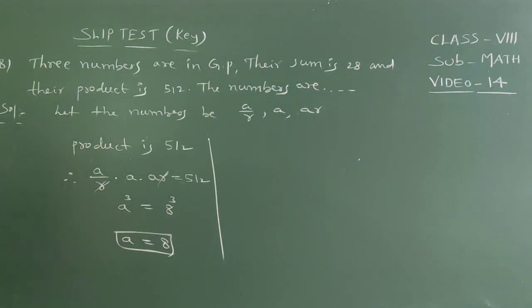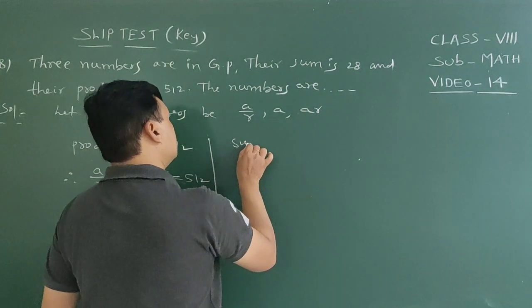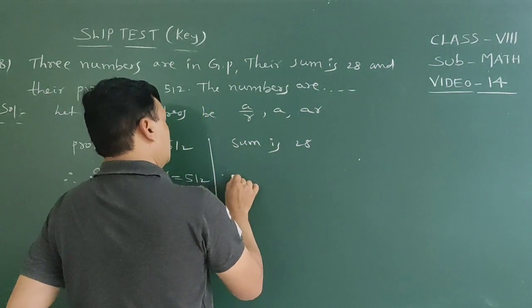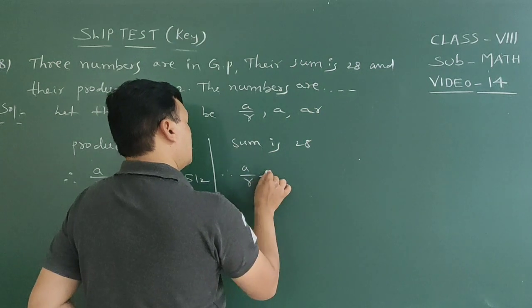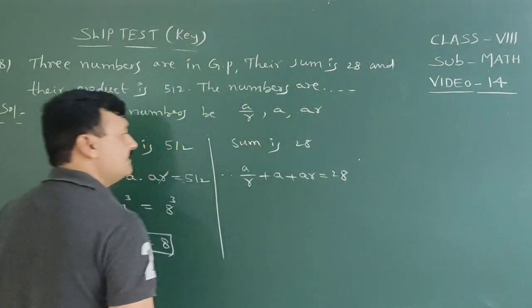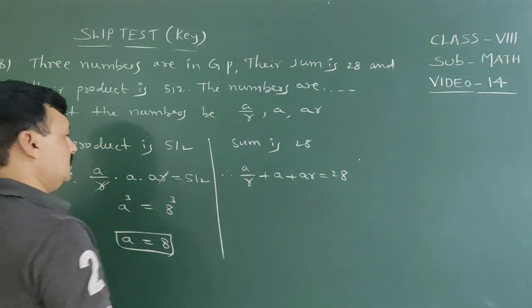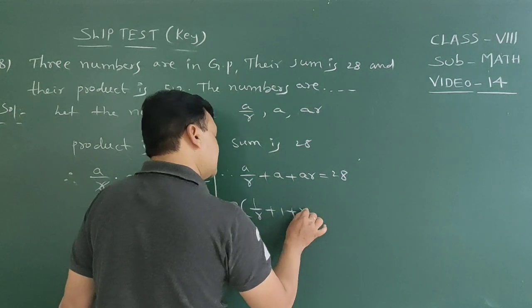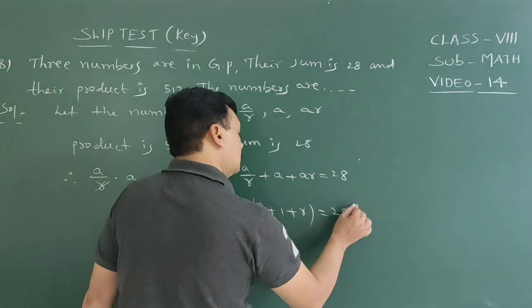A value 8. Next, sum is 28. Therefore, a by r plus a plus ar equal to 28. If you take a common, 1 by r plus 1 plus r equal to 28.